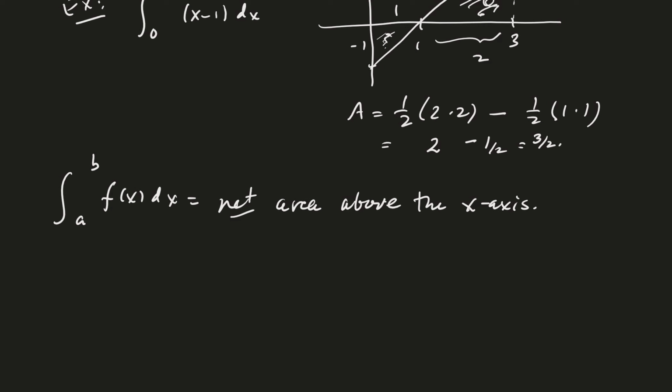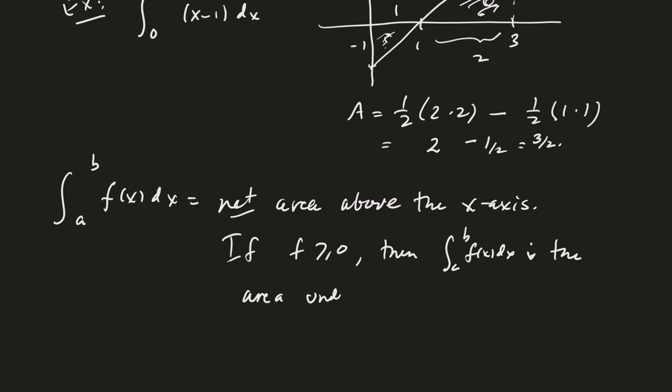So that's different than the area under the curve, right? If f is positive, then we could say that the integral is the area under the curve. Okay, but you have to be careful about that negative area.